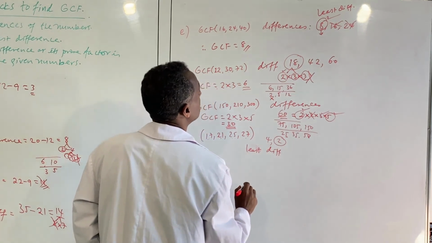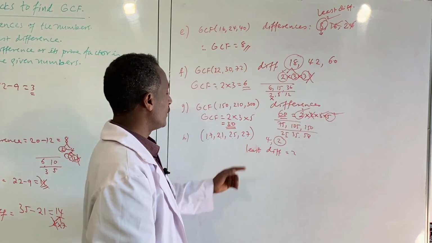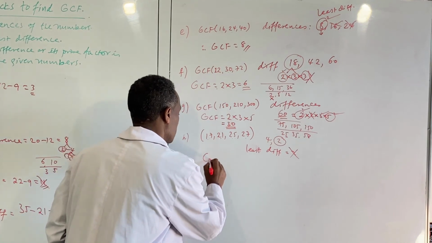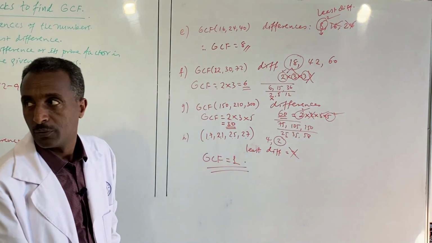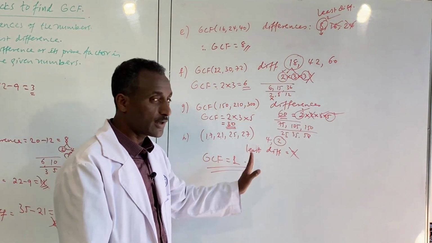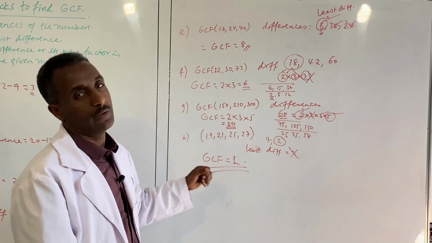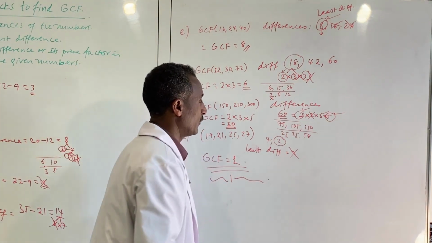The least difference is 2. Does this 2 divide this one? No. So GCF is what? 1. When we have no factors to test, by default, our GCF will be 1. So this is the short form of finding GCFs.